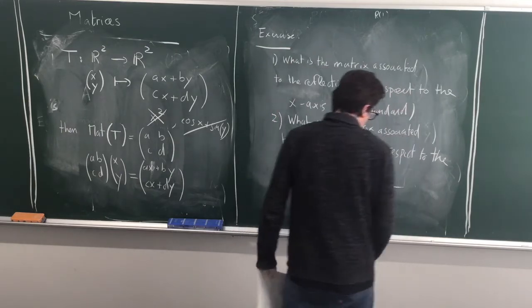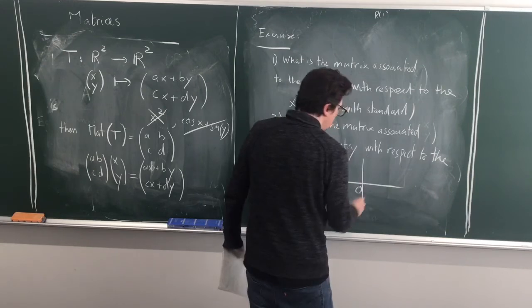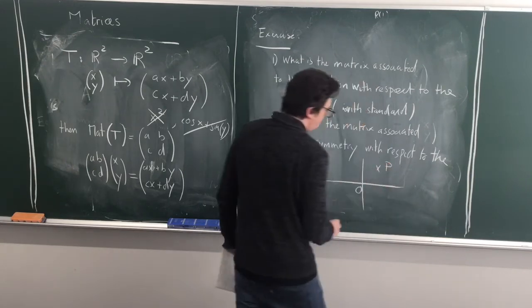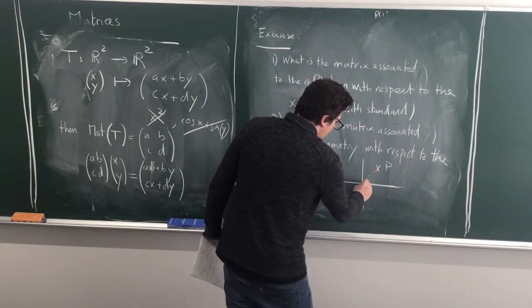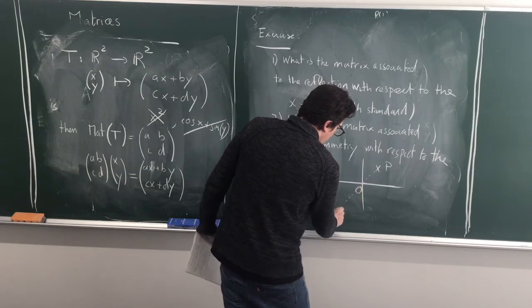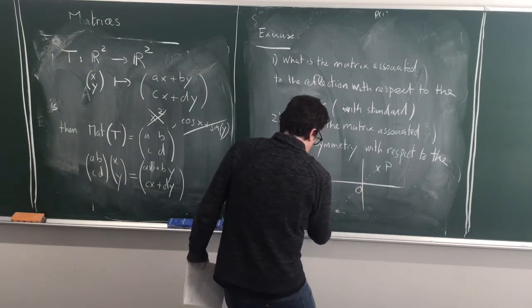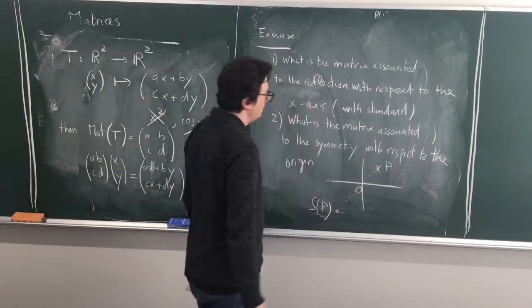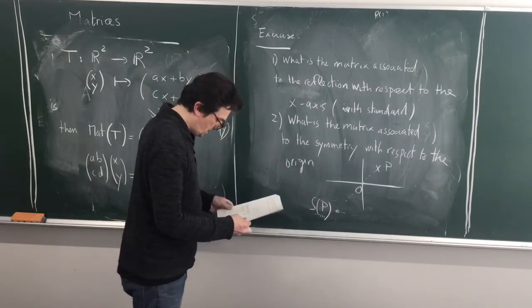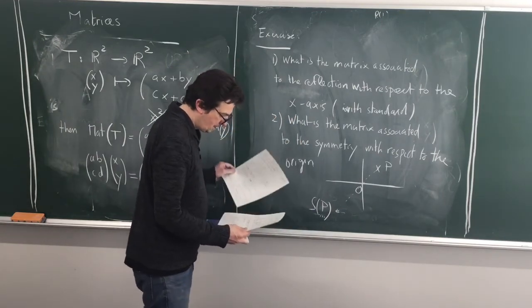Okay, so what is the symmetry with respect to the origin? If you have a point P, then you will take it symmetric with respect to the origin, S of P. So what is the matrix associated to this operation? You can think about it.